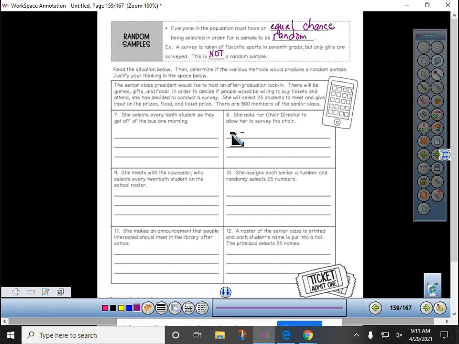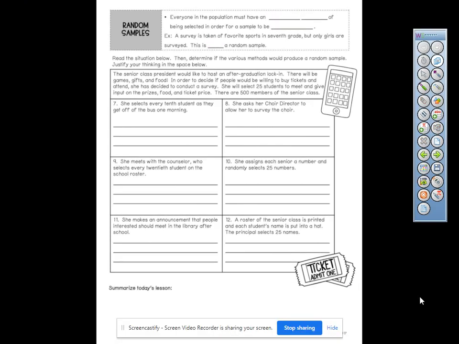Number 11, she makes an announcement that the people interested should meet in the library after school. No, because you want to get people that are like, I don't care, but still asking maybe what their favorite food is. Good. And then number 12, a roster of the senior class is printed and each student's name is put into a hat. The principal selects 25 names. Yes. Good. All right.